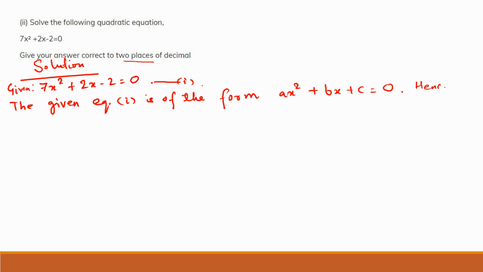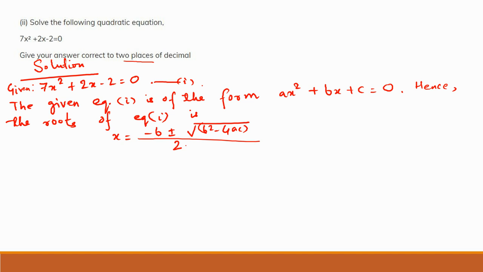Hence the roots of the equation. Because you have to write something, right? I don't want you to just solve it by applying Sridharacharya directly. So write something. Hence the roots of equation 1 is x equals minus b plus minus root over b square minus 4ac by 2a. Yeah, just write this.